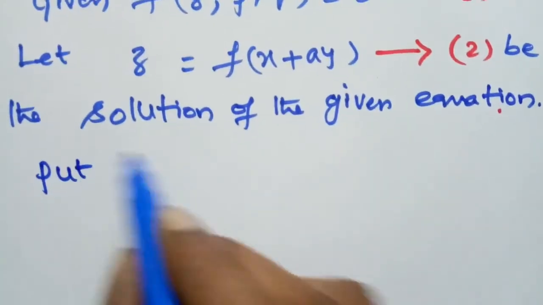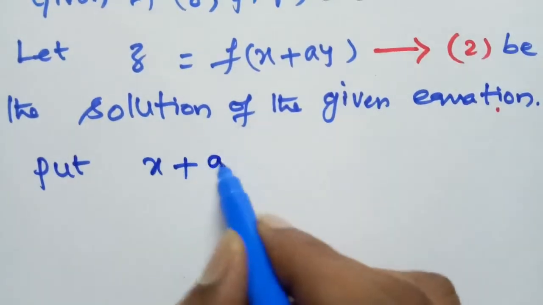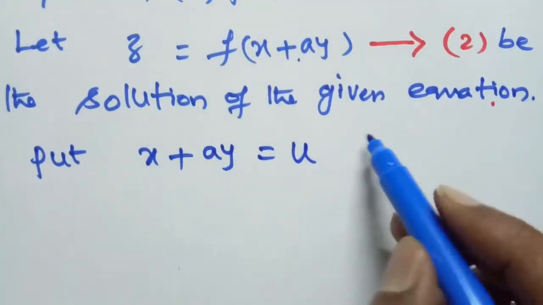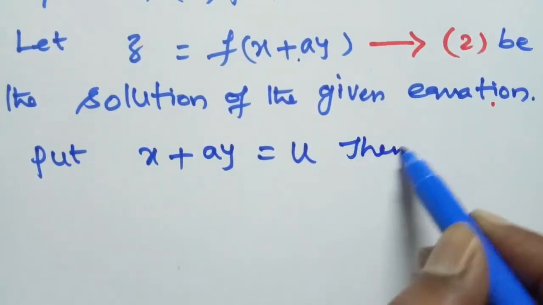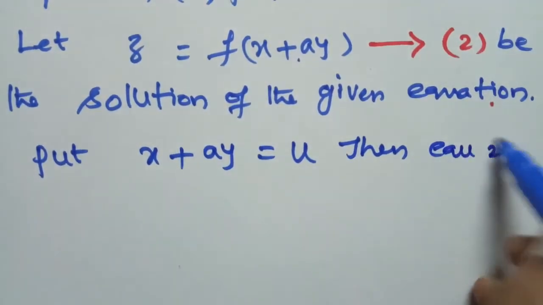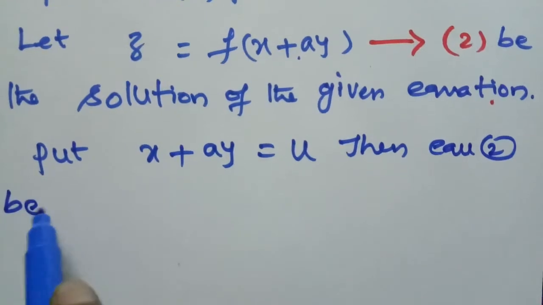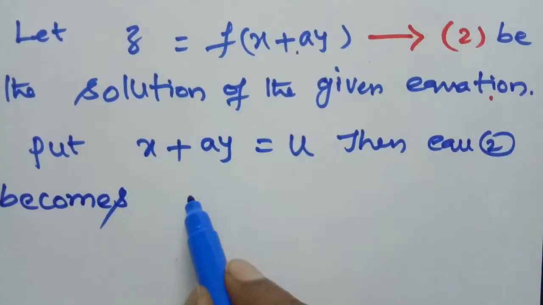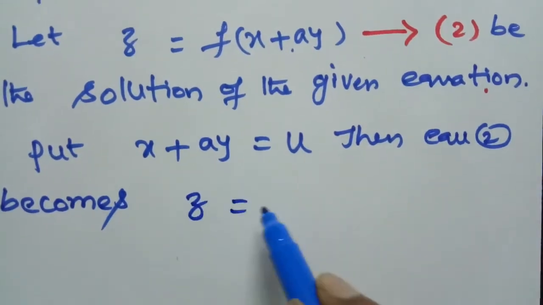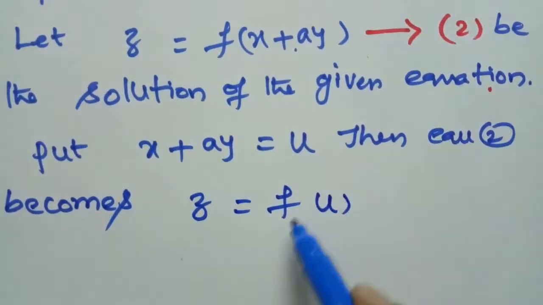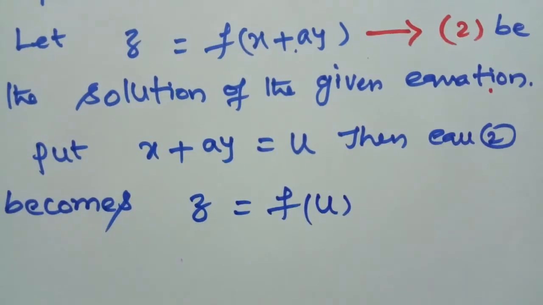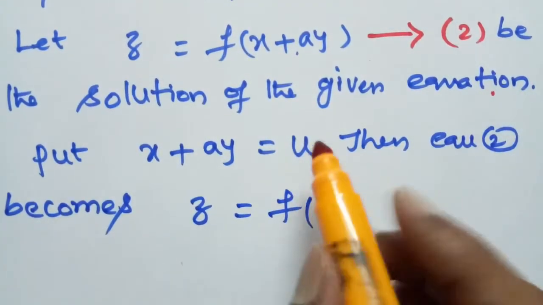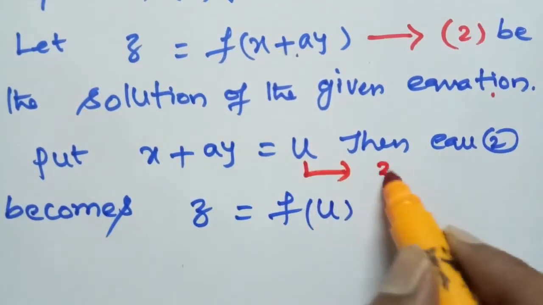Put x plus ay is equal to u. Then equation 2 becomes z is equal to f of u. Say this is equation number 3.